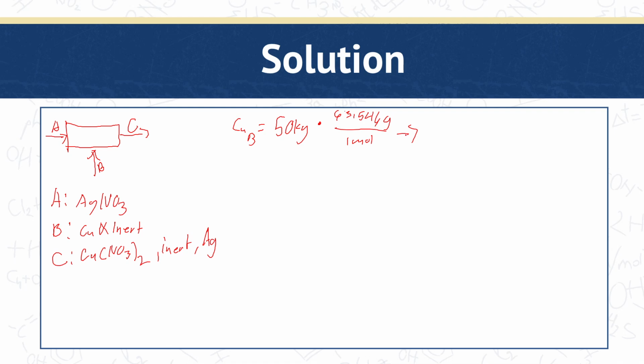So if you were to get out your calculators, 50 divided by 63.546. I shall simplify this, you will then get 0.78683 kmol of copper.